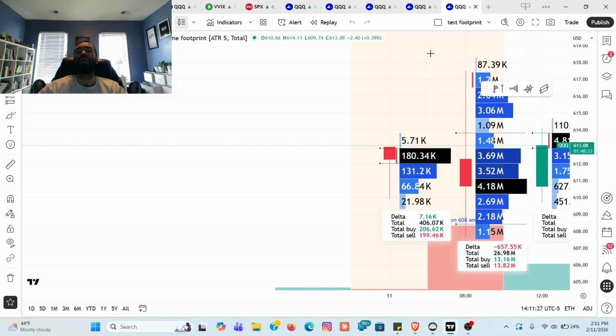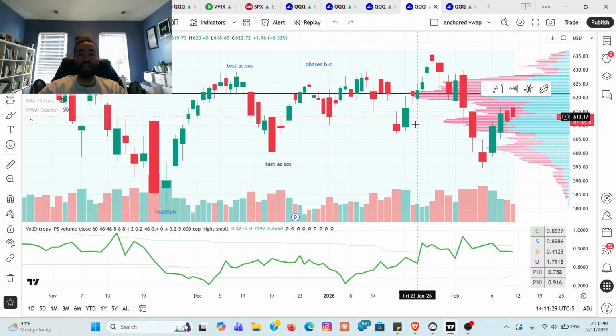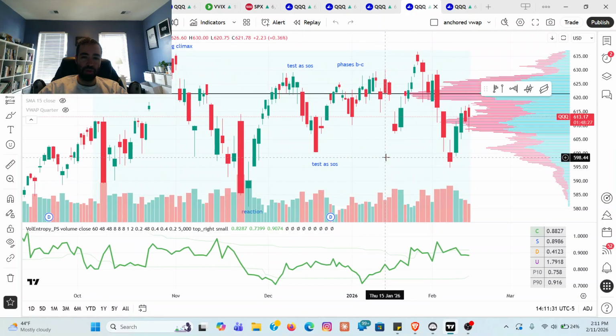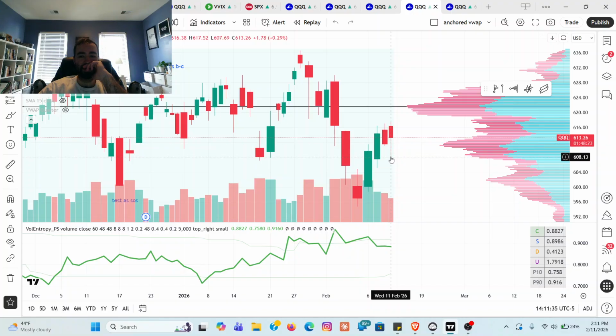But when you zoom out to the daily time frame, you can see that this is a very successful looking Springer test, right? Not high volume. I'm using the volume candles, and look how successful it is. Look at the low versus the close at the moment.